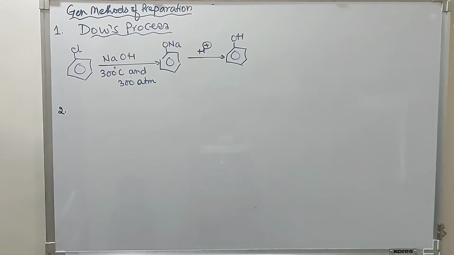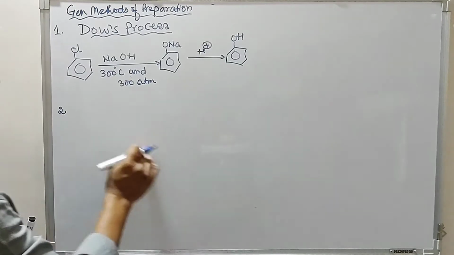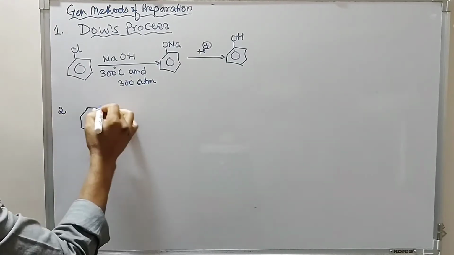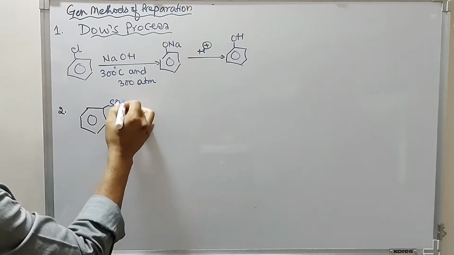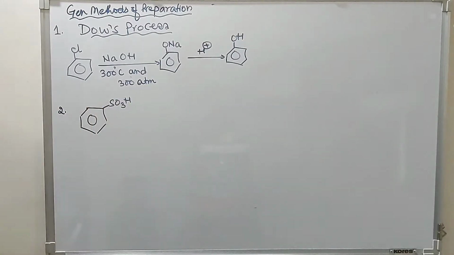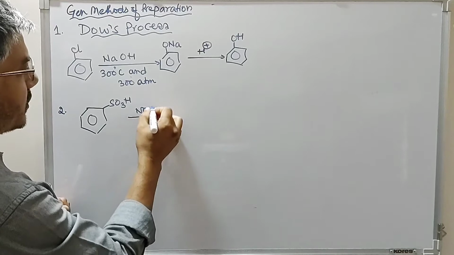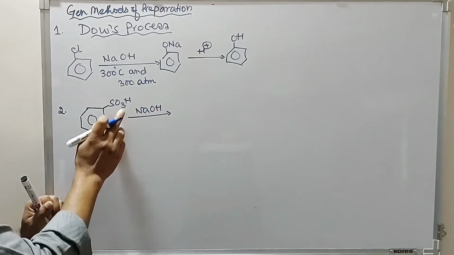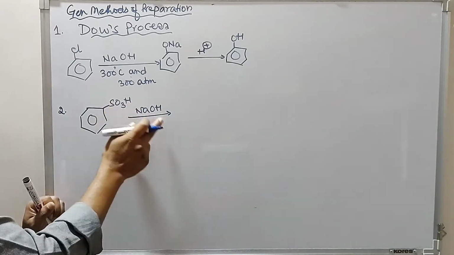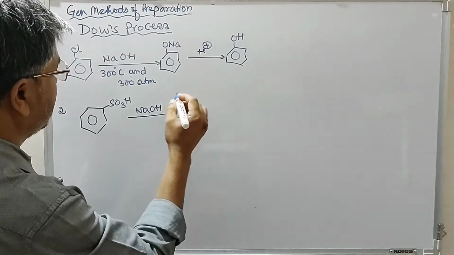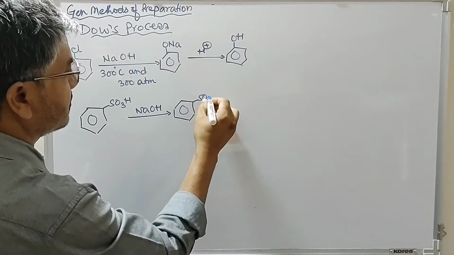Second method, that is from benzene sulfonic acids. So we have started from benzene sulfonic acids. Now these benzene sulfonic acids react with sodium hydroxide. So look at this, we have acidic hydrogen react with base, so this gives you sodium salt of sulfonic acid.